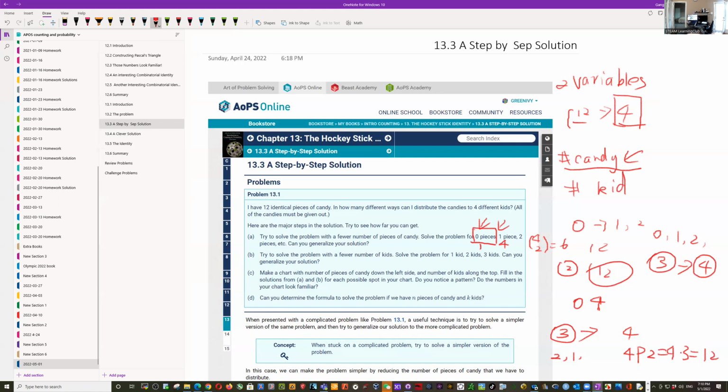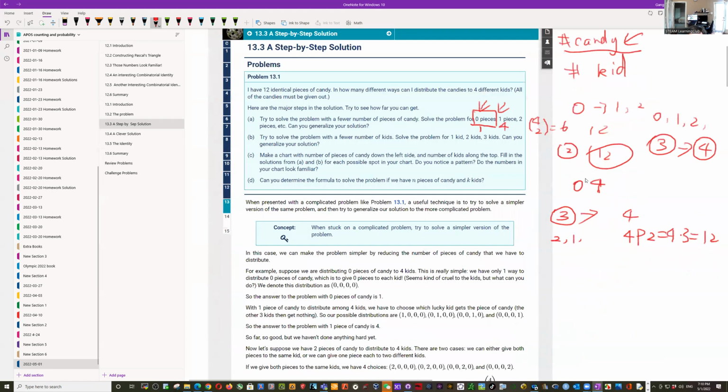And then we can also do 1, 1, 1. So we have 3 pieces of candy distributed to 4 persons. This is equivalent to dividing 4 persons into 2 groups, one group with 3 members and the other group with 1 member.